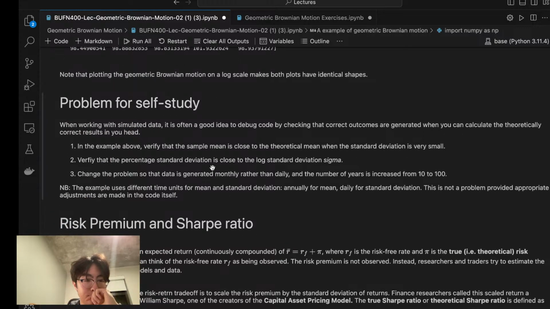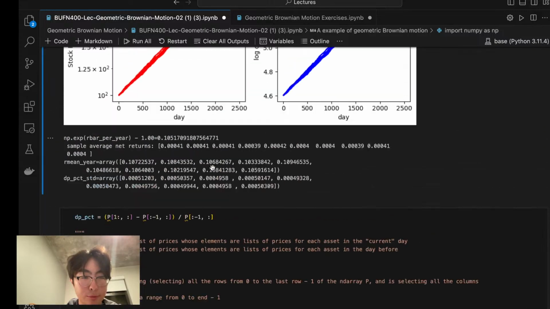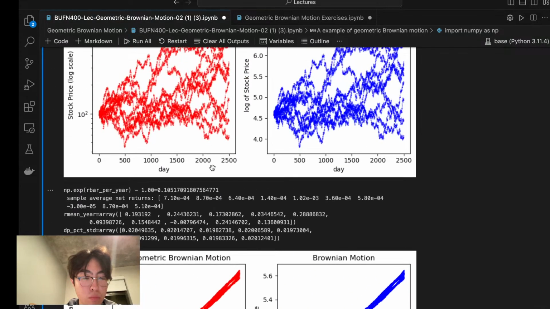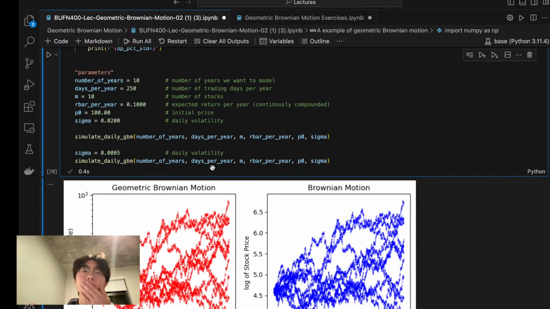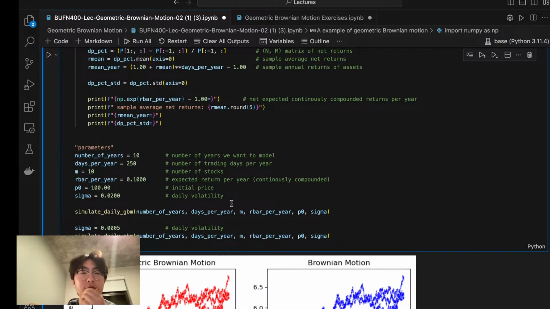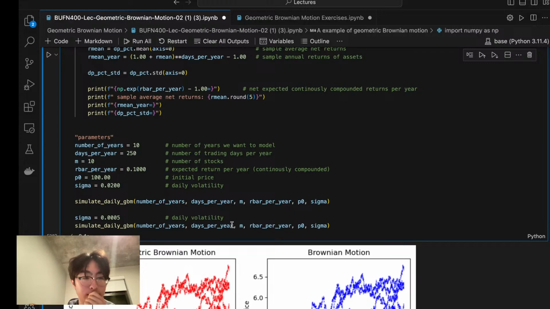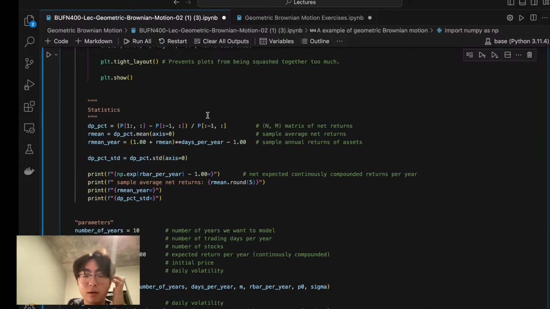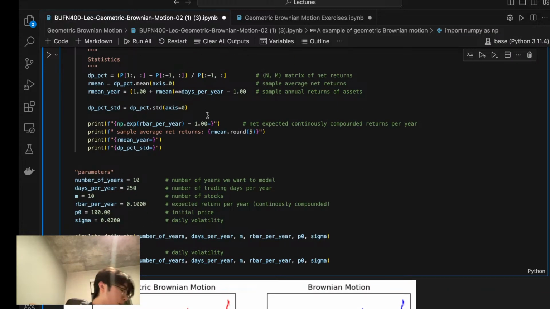All right. So verify that the percentage standard deviation is close to the log deviation sigma. So the percentage standard deviation, I think, is just the standard deviation of the differences between the returns. So I think that would be called P of t and P of delta t.